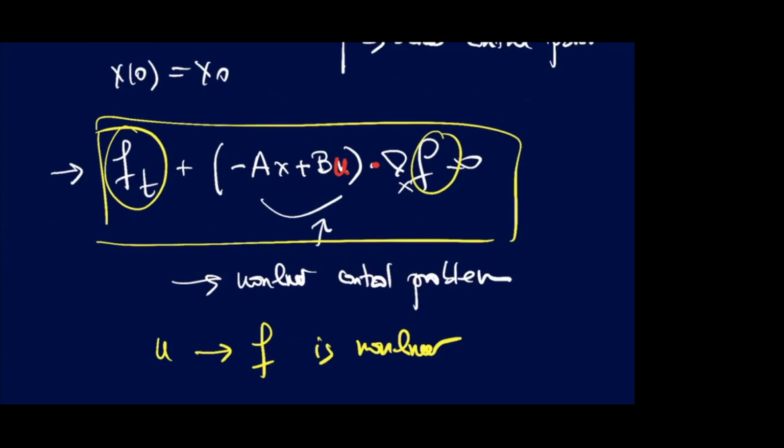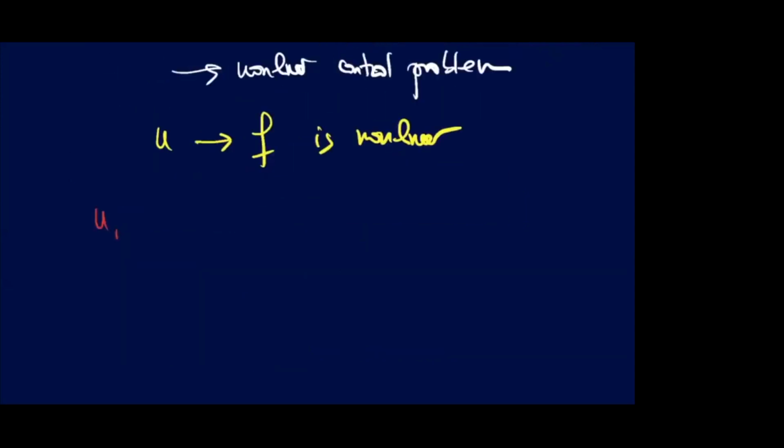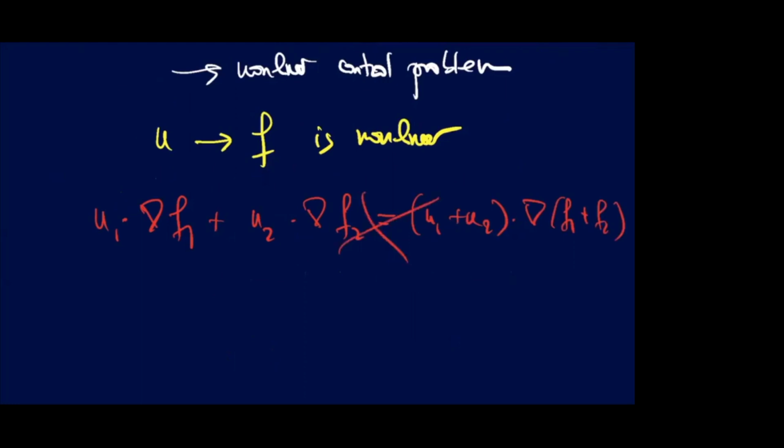You could check it yourself. You could take U1 and U2, and F1 and F2 corresponding to the controls U1 and U2. And of course, when you add these two equations, you will not be able to get anything clean out of it, right? So the observation is simply that this is definitely not the case, right? This is unfortunately not the case.